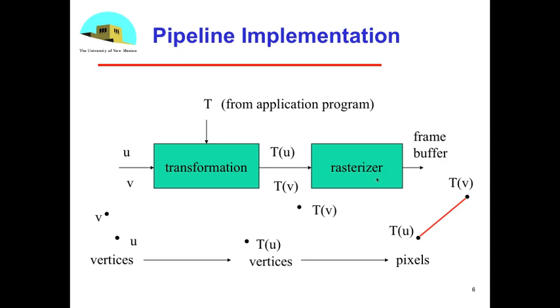They go off to the rasterizer, and because they're affine, the rasterizer can take the transformed endpoints and generate the triangles or line segments as needed. So vertices go to vertices with the transformation, then in the rasterizer we'll generate fragments or pixels.